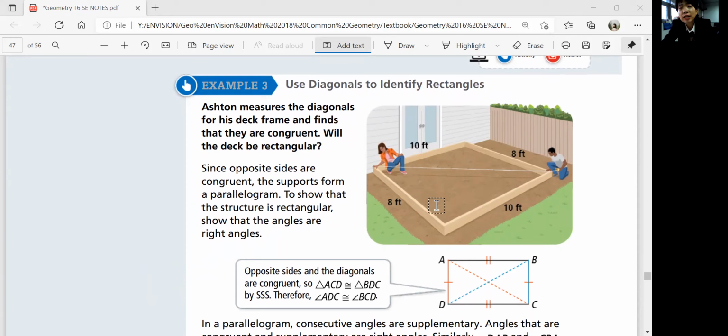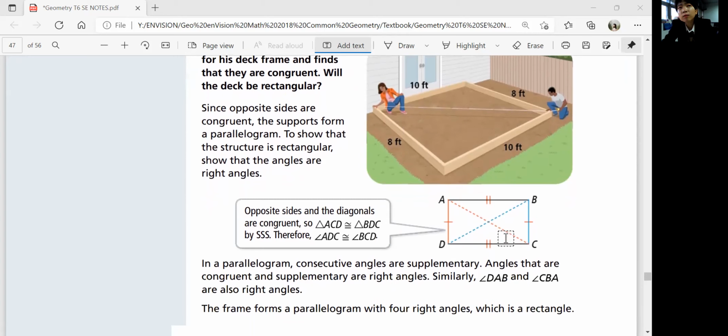To show the structure is rectangular, you need to show the angles are right angles. And since the opposite sides and the diagonals are congruent, you have triangles that are congruent. ACD and BDC are congruent.